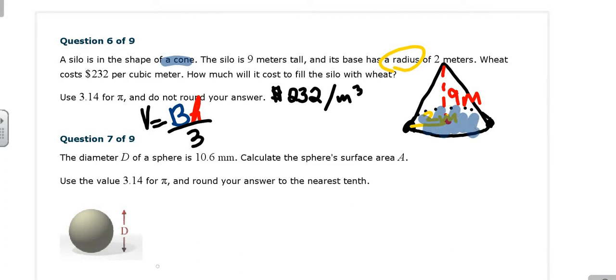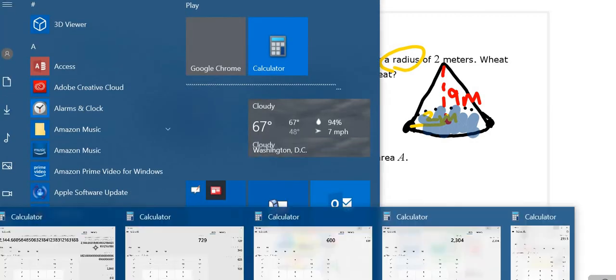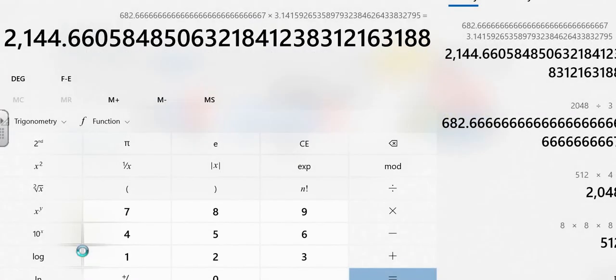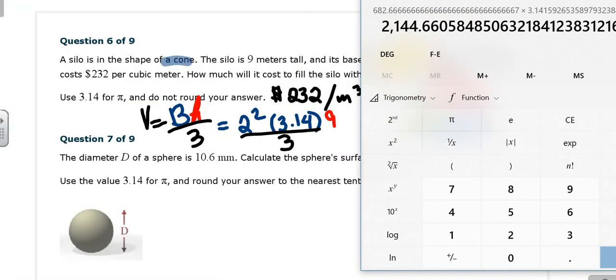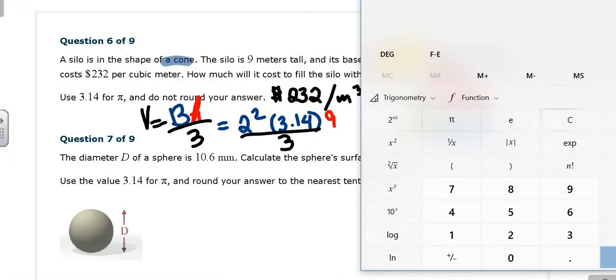Our base here is 2 squared times pi times our height, which is 9, over 3. So I'm going to cancel this out.